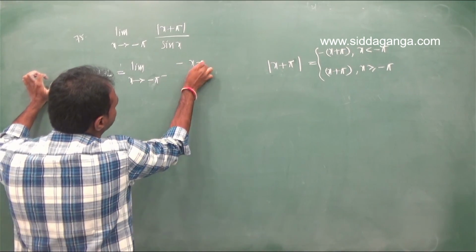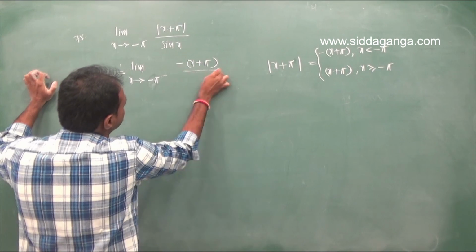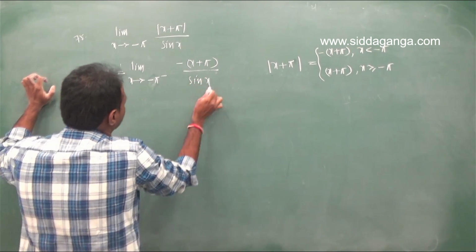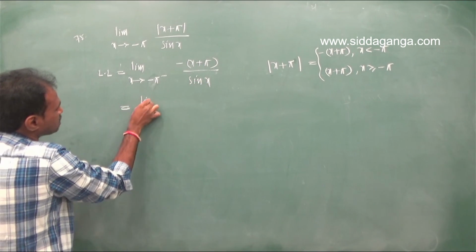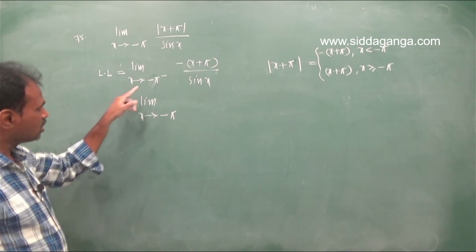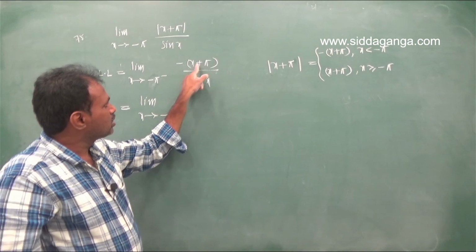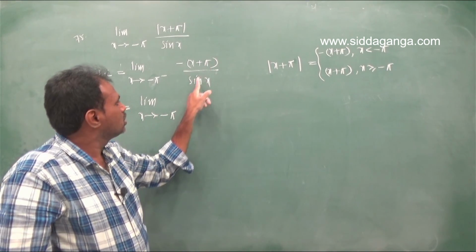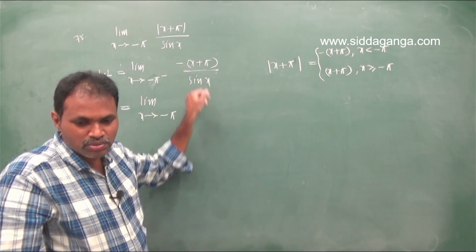As x tends to minus pi minus, mod of x plus pi value is minus of x plus pi divided by sin x. Therefore, it is equal to limit x tends to minus pi. If you put x equal to minus pi, x plus pi is 0, and sin pi value is 0, so it is 0 by 0 form.